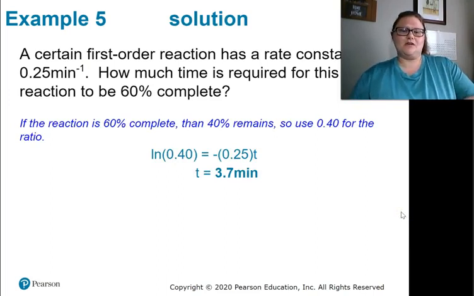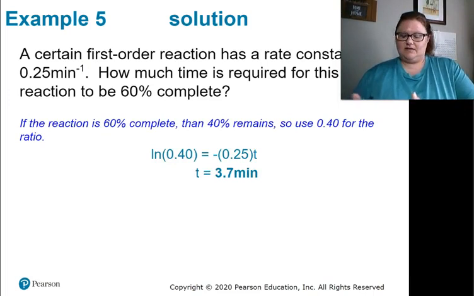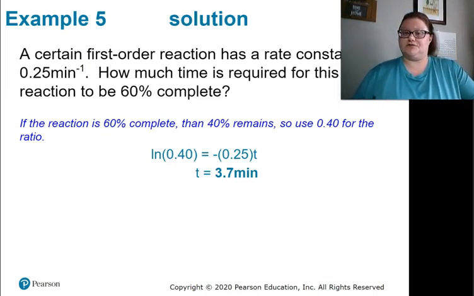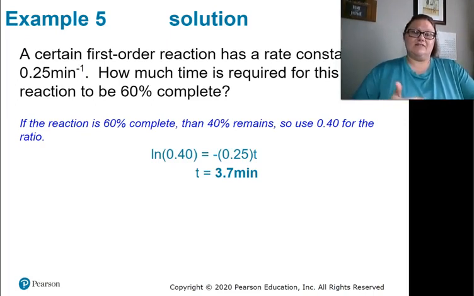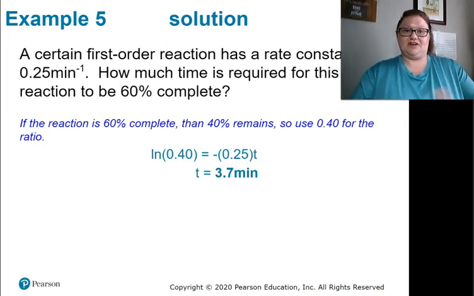So if it's 60% complete, we have to think of it based on 100. 60% is complete, that means we have 40% left to do. And so we're going to use that as our concentration ratio to plug in, not the 60 that they gave us. So we have to indirectly think, okay, if 60 is completed, 40% of that concentration remains. We have to use what remains to talk about this concentration.